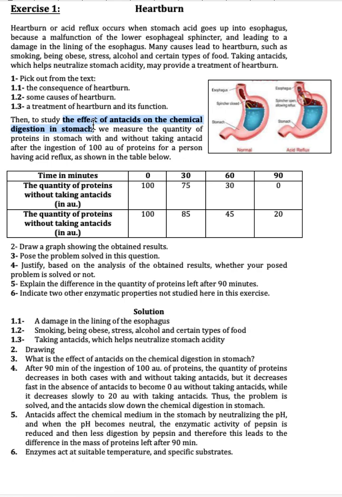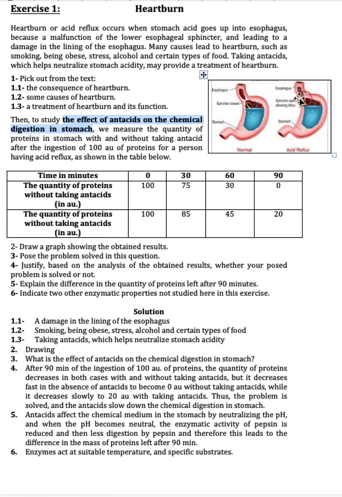Do the antacids have an effect on the chemical digestion in stomach? Is there an effect on the digestion process, or it doesn't affect digestion here in stomach at all? Because of that we gave a person an ingestion of 100 AU of proteins. Surely he has acid reflux, he has a problem here.